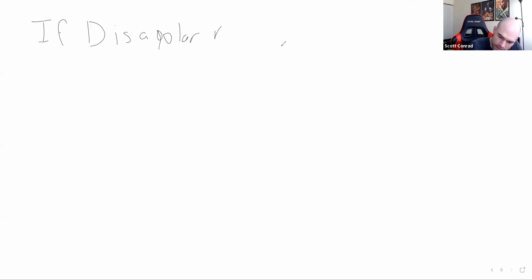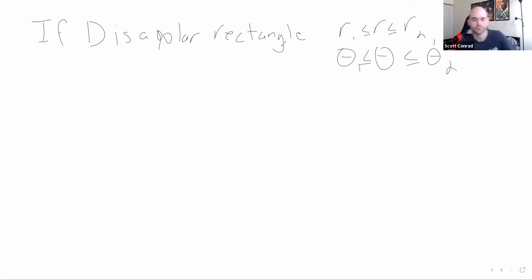So if we have a polar rectangle where r goes from r1 to r2, and theta goes from theta1 to theta2, here's how we integrate a function over that.